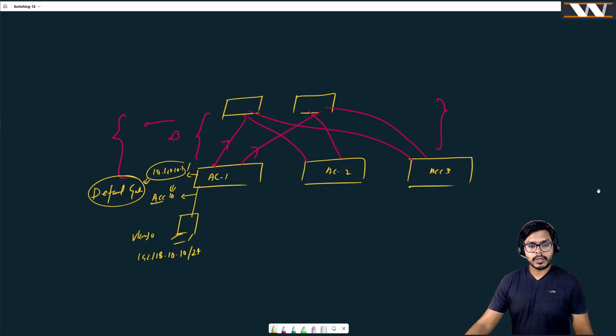But if this link goes down, or this SVI goes down, or if this access switch 1 goes down, then it's a problem. Although in case of a PC, we do not consider it. But it is going to be good if I connect something like this, and I create 10.1 as a gateway here also.